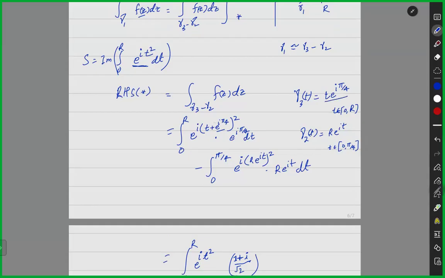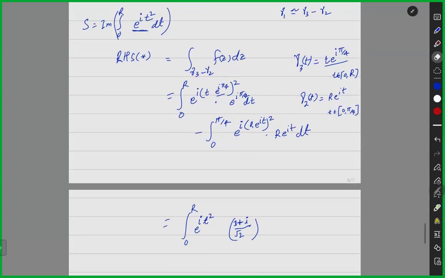What is this plus doing here? So there is some mistake. You could also have pointed it out. So when we are writing gamma 3, it is just t into e power I pi by 4. Now it is fine. Now what is e power I pi by 4? It's just 1 plus I by root 2.